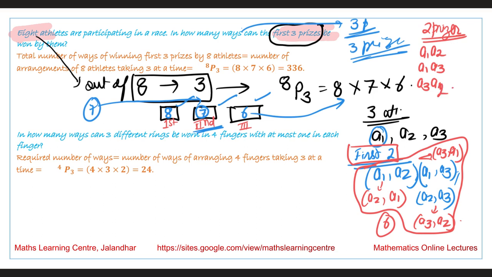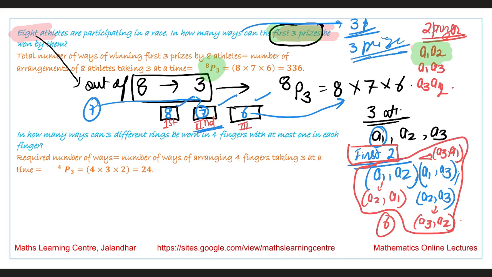Because now we are not saying that A2 is getting the first prize or A1 is getting the first prize. We are just saying that A1 and A2 are getting the prize. So this is the difference: when we are given the first 3 prizes, it is the case of permutation. But if only 3 prizes are given, we will study that case in our next lecture when we deal with combinations.